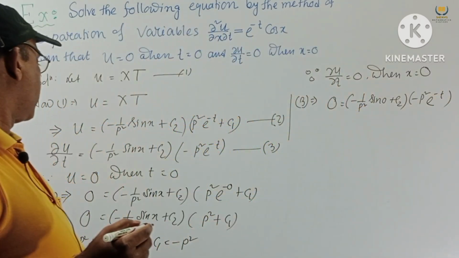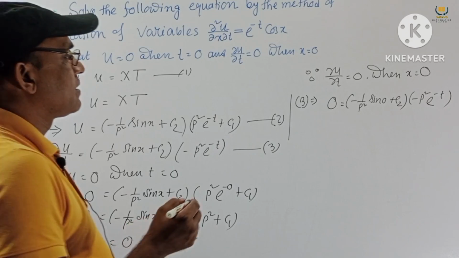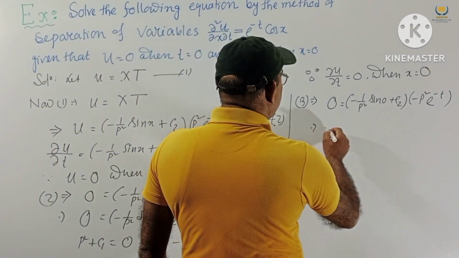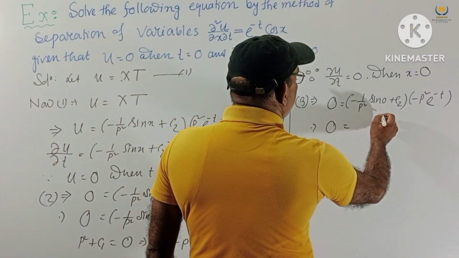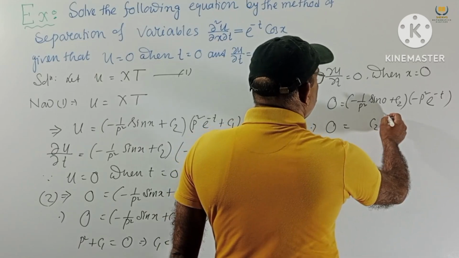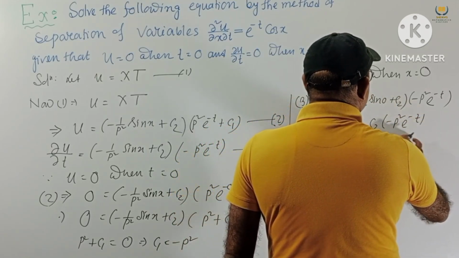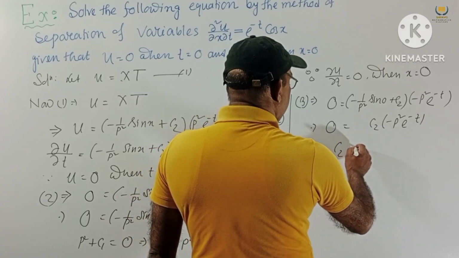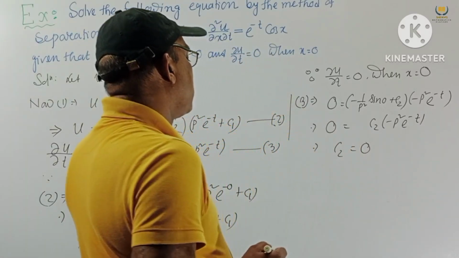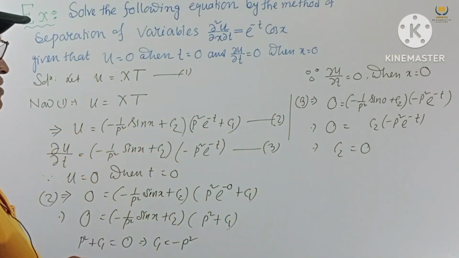This one we get. And this is 0, sin 0 is 0, only we get c2 minus p square e to the power minus t. This cannot be 0, so c2 equal to 0. We get value of c2 as 0.